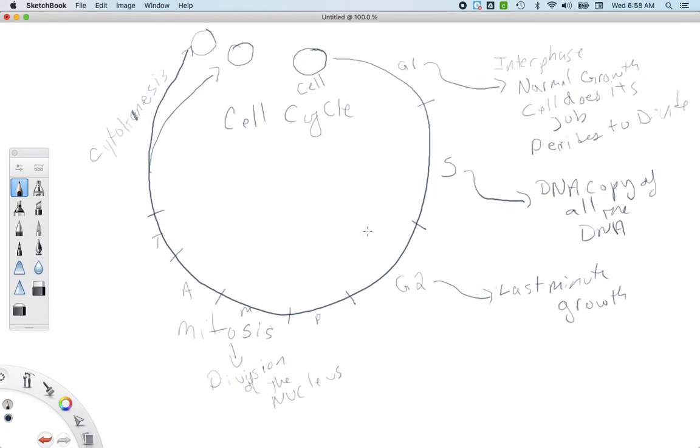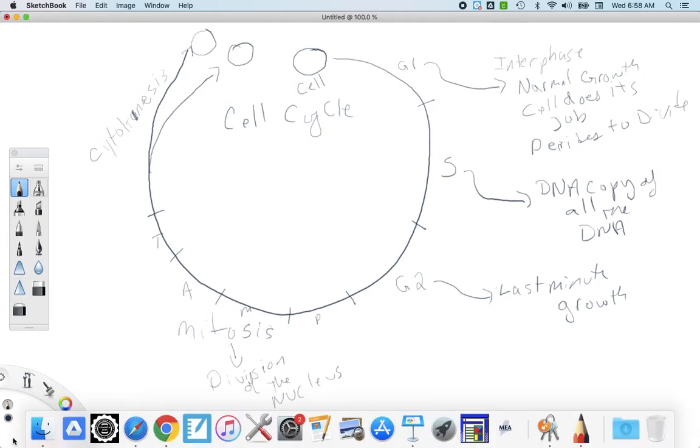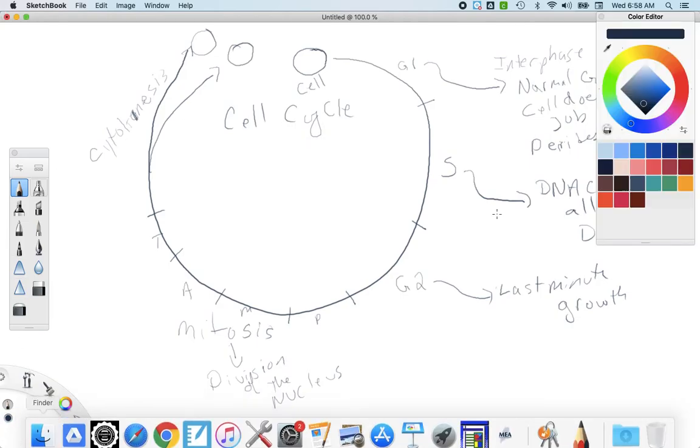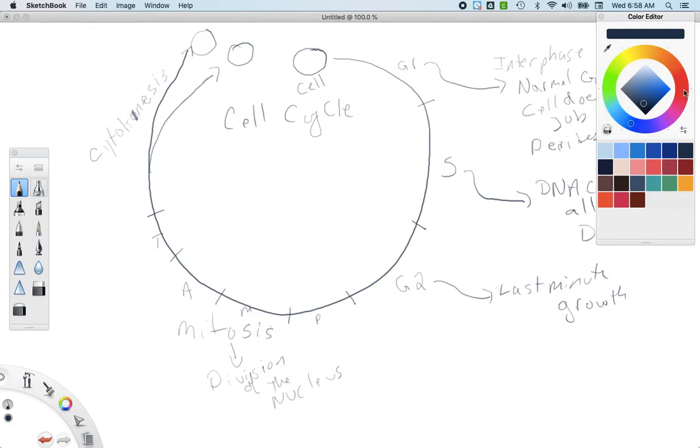So, during this process, we also talked about the DNA. Let's see, I need to introduce some new colors here. So we'll go with red for first kind of DNA.